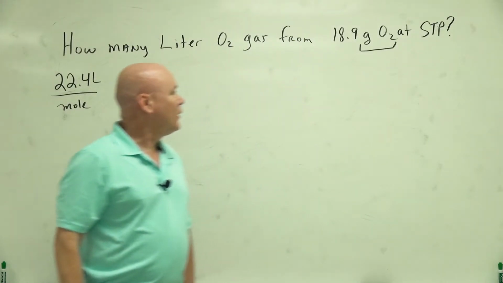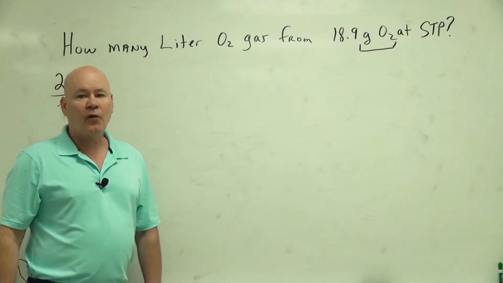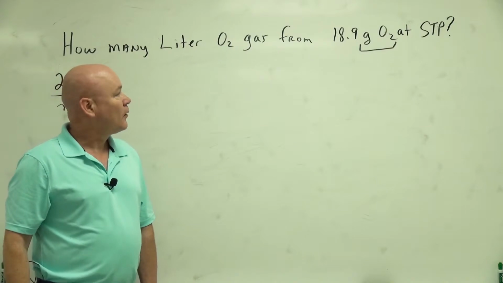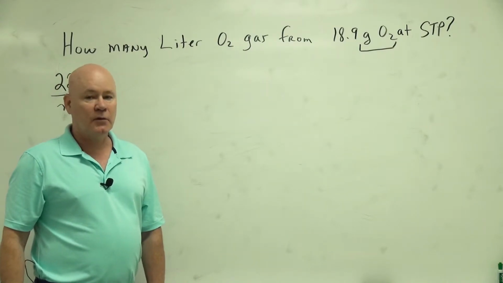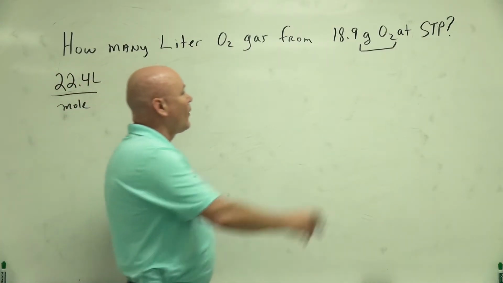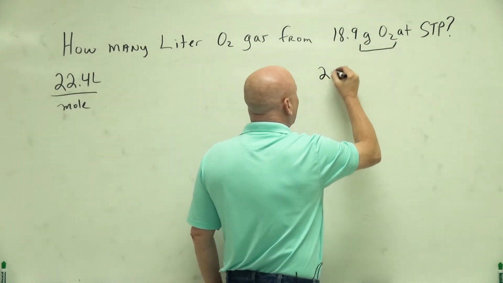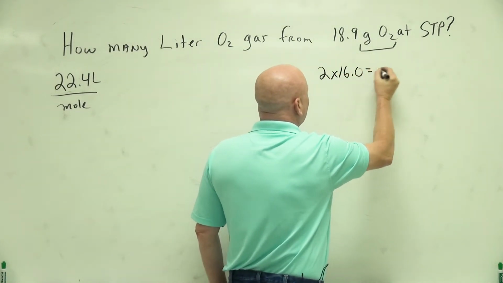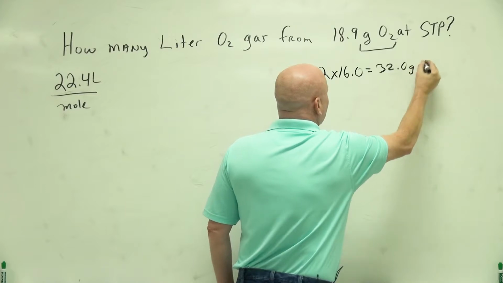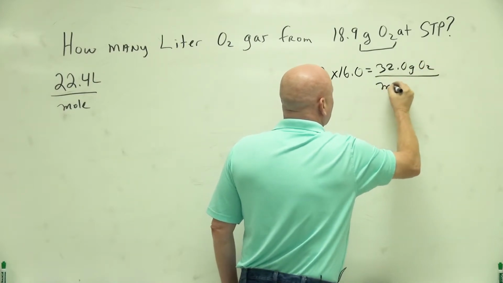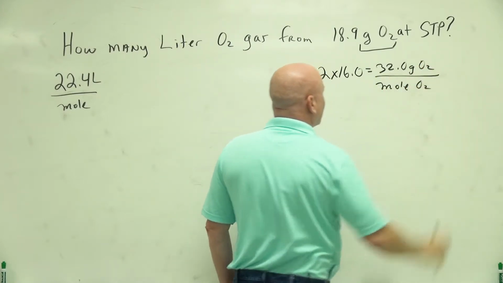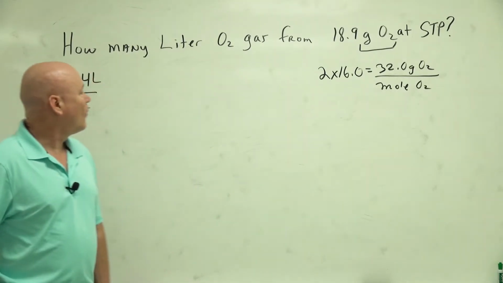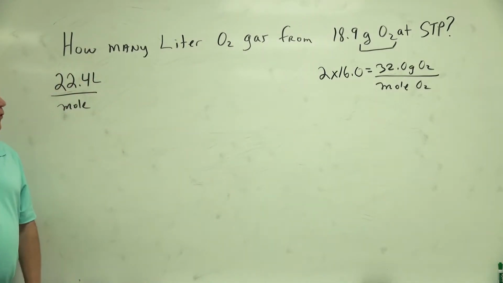And any problem we do, whether it's gas laws or stoichiometry or whatever, if you have grams of something, you need the molar mass. And so I need the molar mass of oxygen, and that is 2 times 16.0 is 32.0 grams oxygen for every mole oxygen. So I have the molar mass, I have my conversion factor for STP.